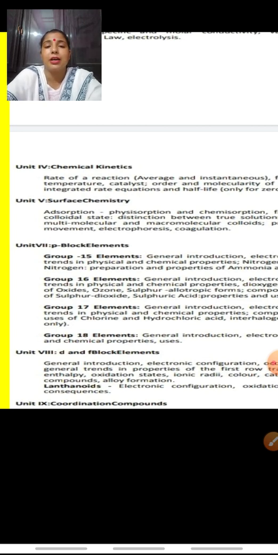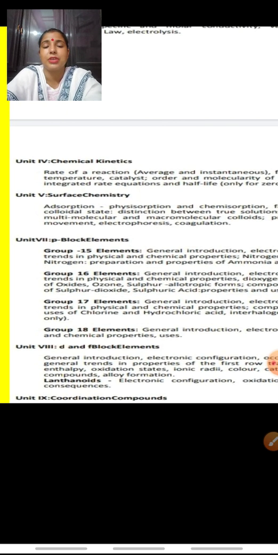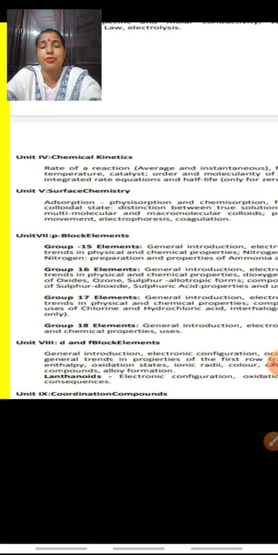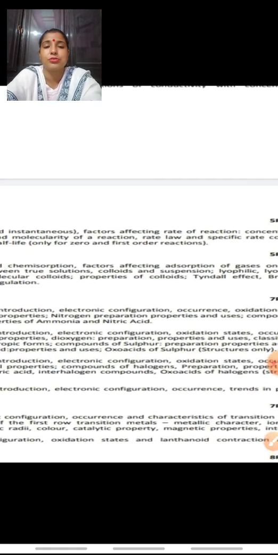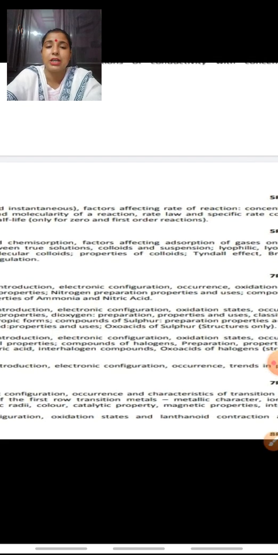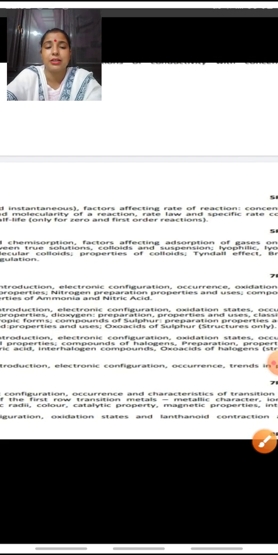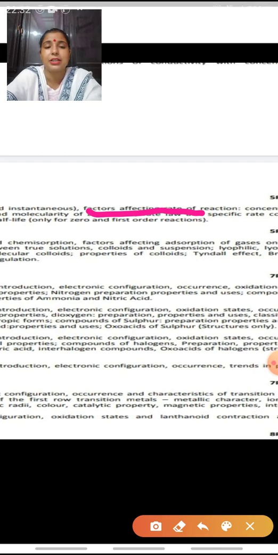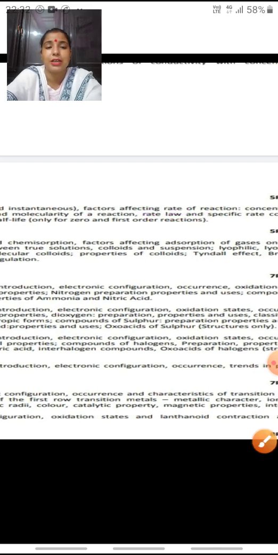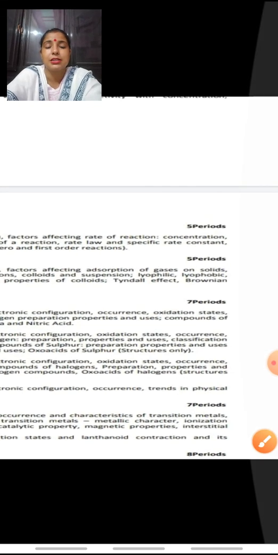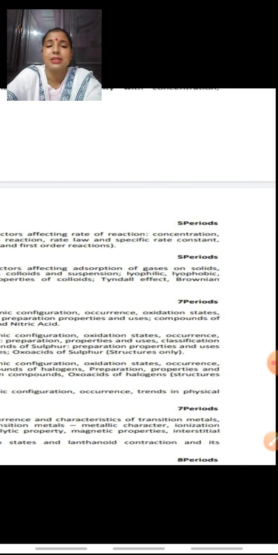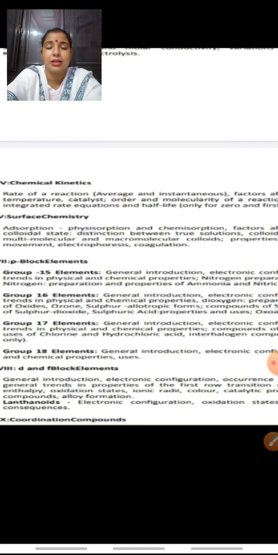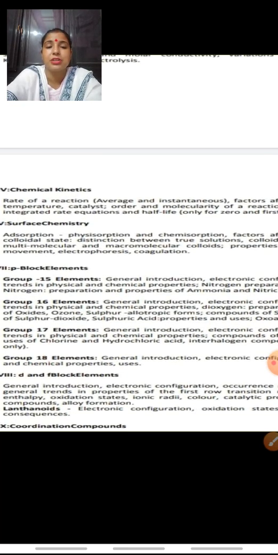Now see, rate of a reaction we have already done. What is meant by the rate of a chemical reaction? Average rate and instantaneous rate also we have done. We have also done the factors affecting the rate of reaction: concentration, temperature, catalyst. Order of reaction also we have done.